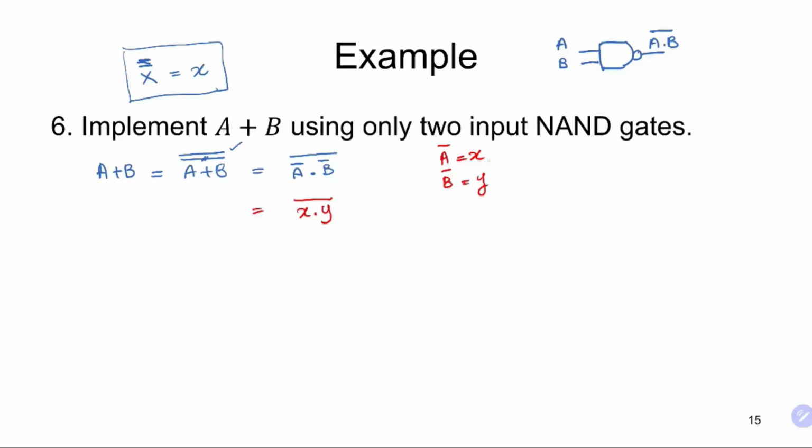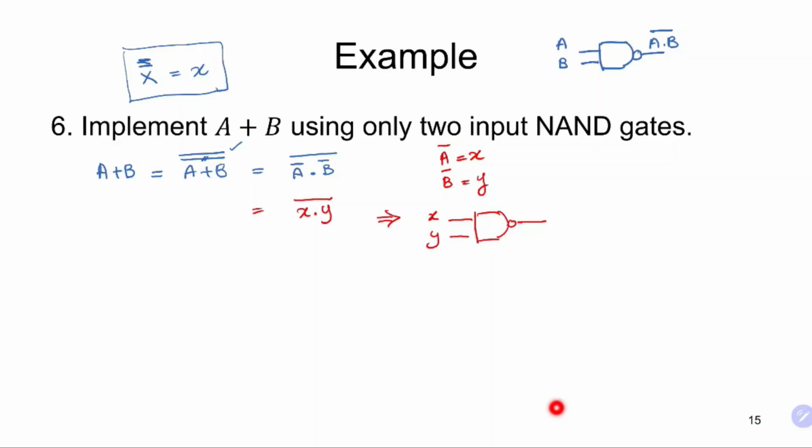So my A bar is equal to X, my B bar equals Y, so this is X dot Y with a bar on the top. Yep. So this is my NAND function. I can easily build this using a NAND gate, except that my X is a bar.